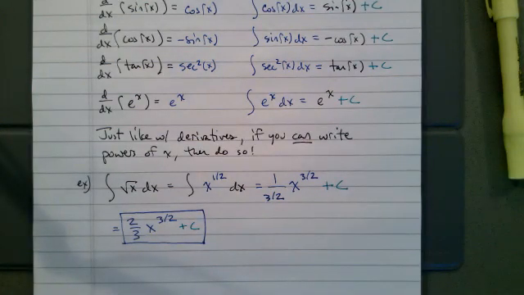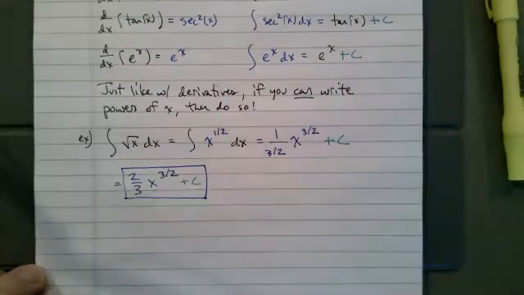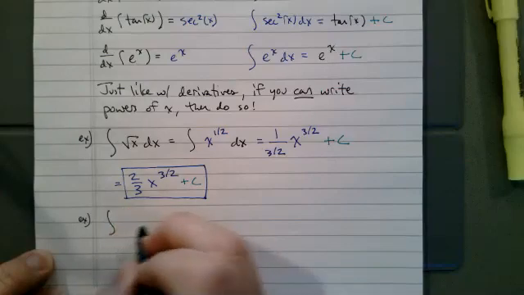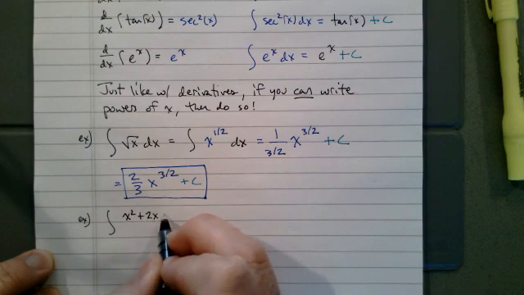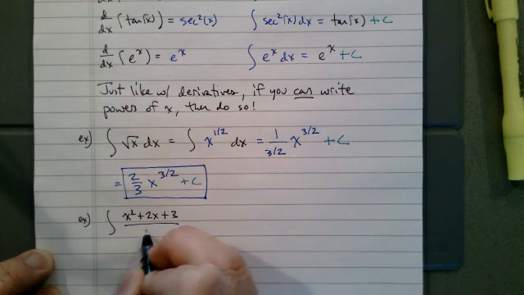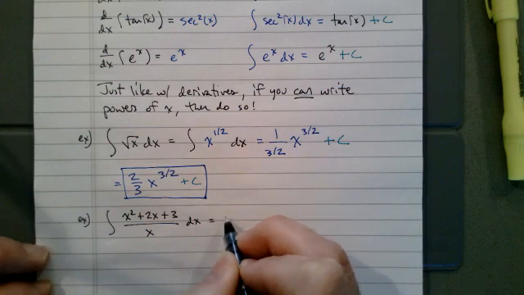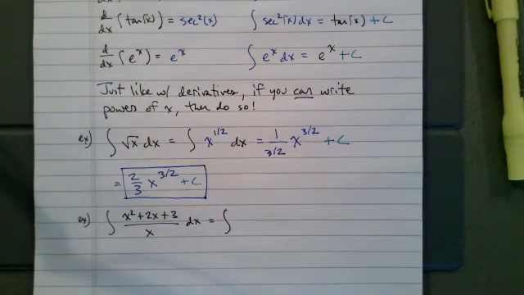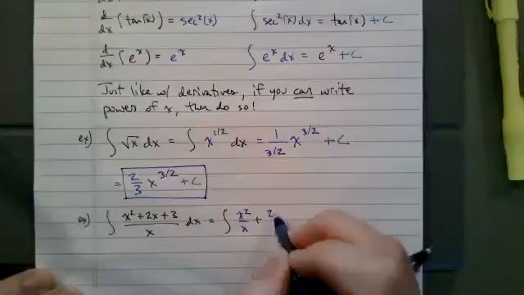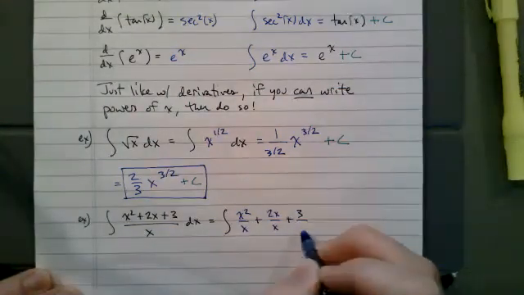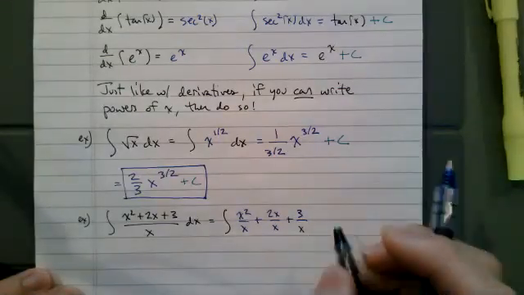So, in general, just like with derivatives, if we can write powers of x, then we should write powers of x, if it makes sense to do so. For example, if I've got the integral of, let's say, x squared plus 2x plus 3 divided by x dx, it makes sense to split this up and write powers of x: x squared over x plus 2x over x plus 3 over x dx.